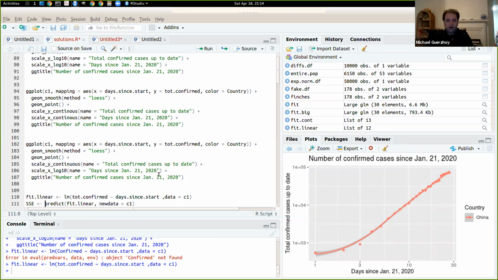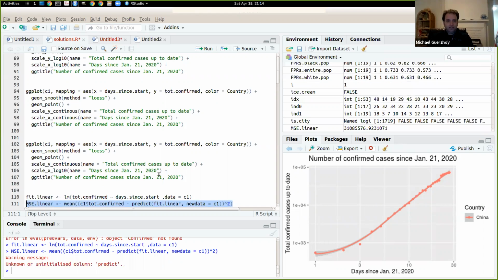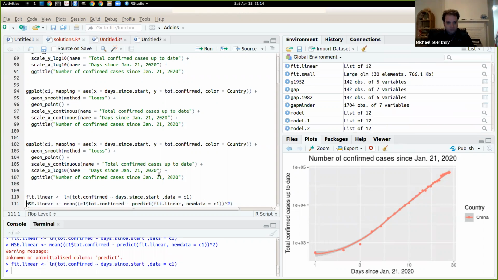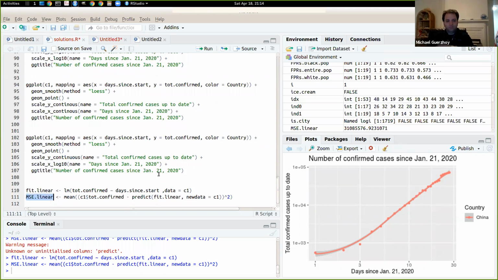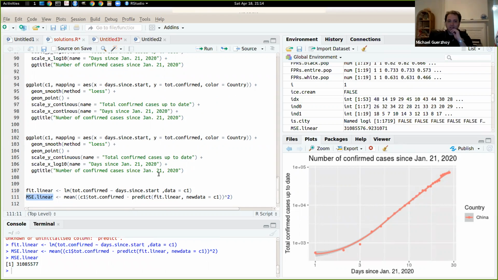And we'll do y minus that, so C1 total confirmed minus predict, all squared. Then let's do the MSE, so MSE linear, which is the mean of the squared errors. You could also do the SSE, that's fine too. That is the mean squared error.